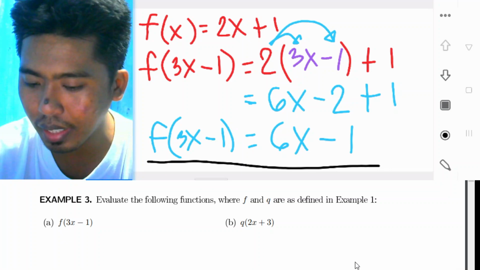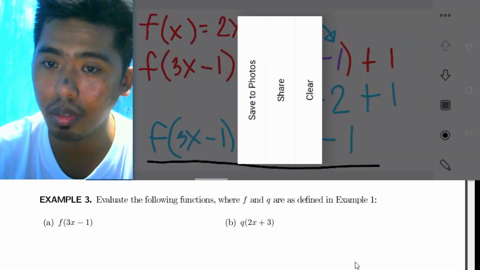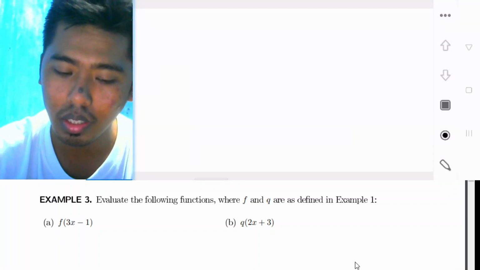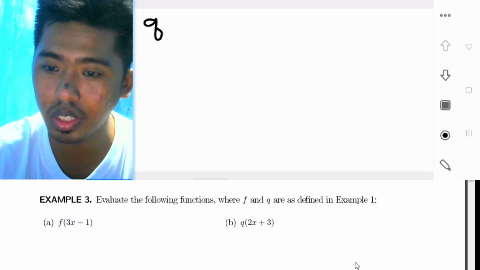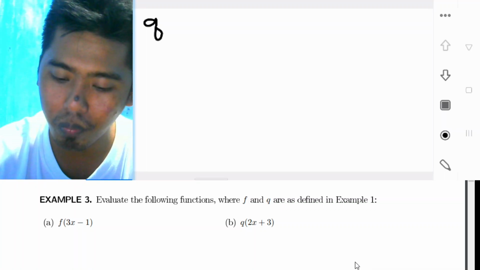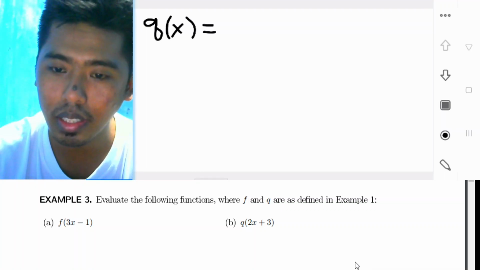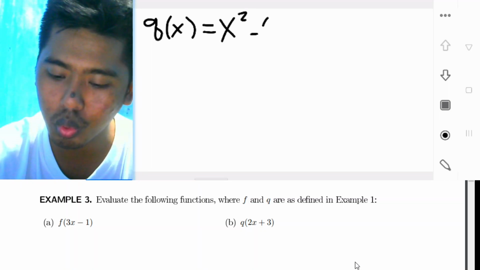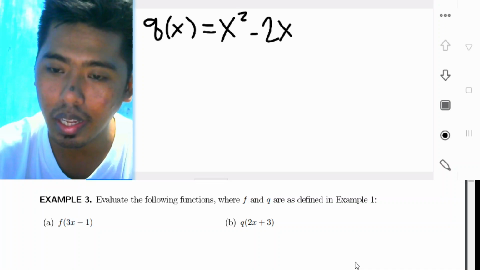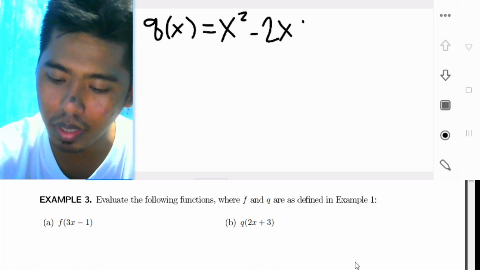Now for the second problem, letter B, that would be q. Let's write the original equation first. That would be q of x equal to x squared minus 2x, and that would be plus 2.